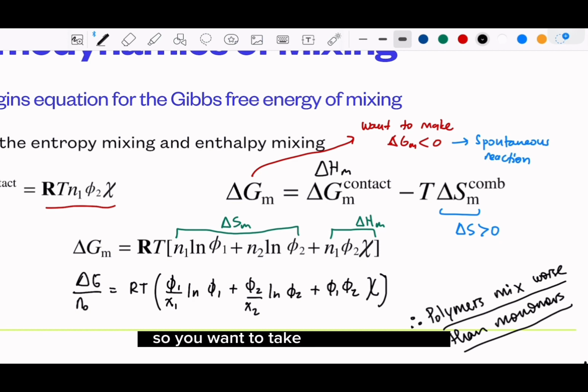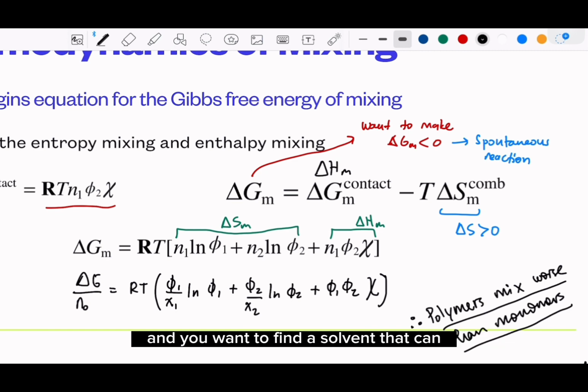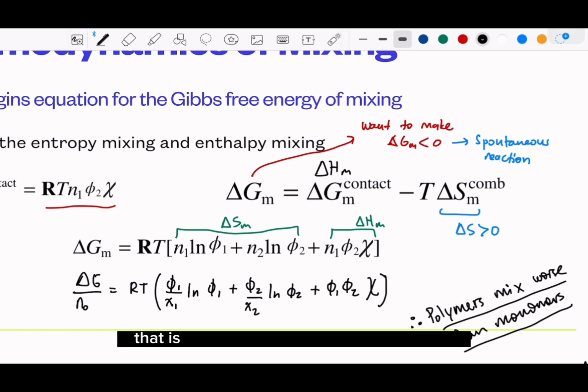So you want to take an ideal situation where you have a polymer and a solvent, and you want to find a solvent that can have an ideal condition, which is the theta condition, where some of them are swelled and some of them are attracting the polymers. If you take a solvent that makes the swelling factor increase, it's going to be swelling and it's not easy to measure.